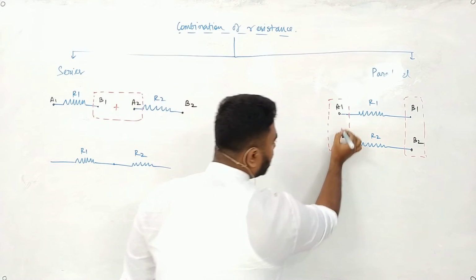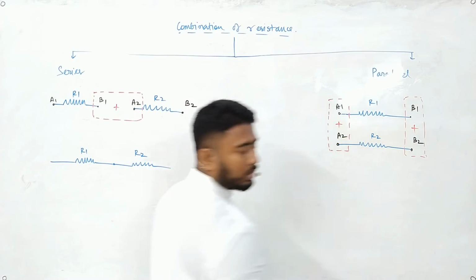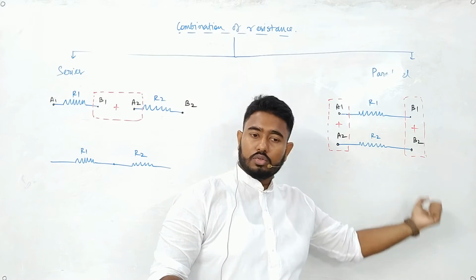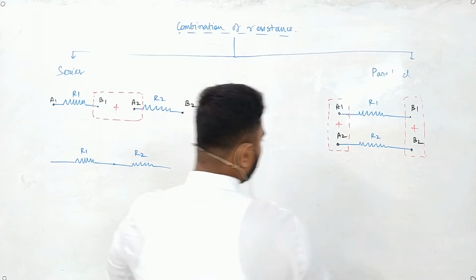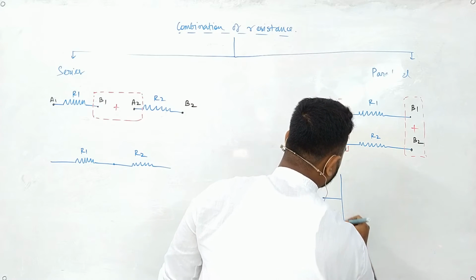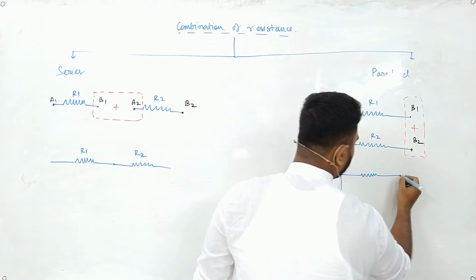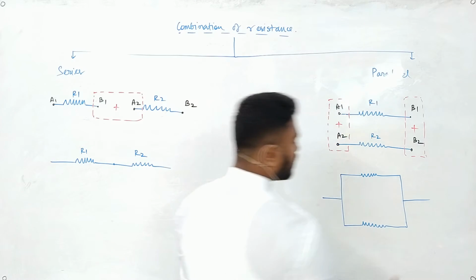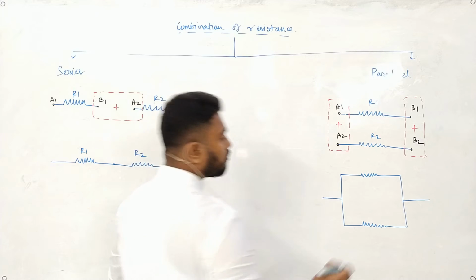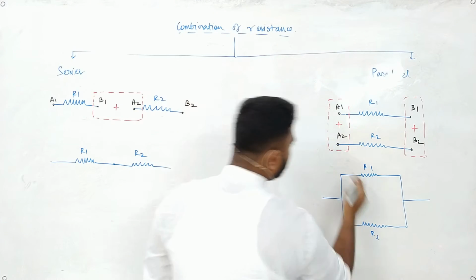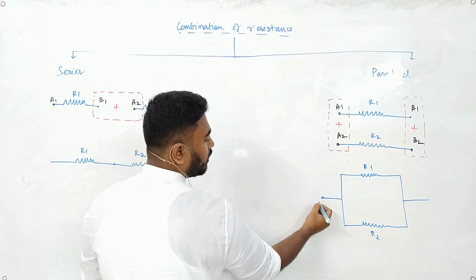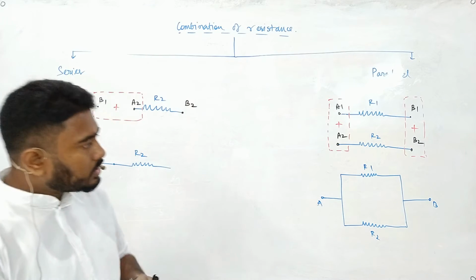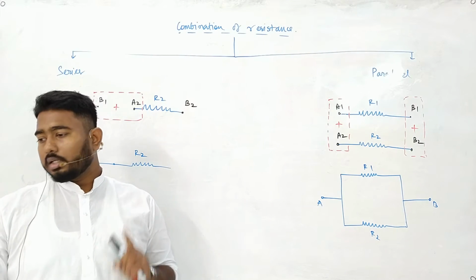So if we are joining both of the terminals individually, then it will give rise to a circuit that will look like this, where this one will be R1, this one will be R2. The two A's joined together will give us a terminal A, the two B's joined together will give us a terminal B. This kind of connection is known as parallel connection.